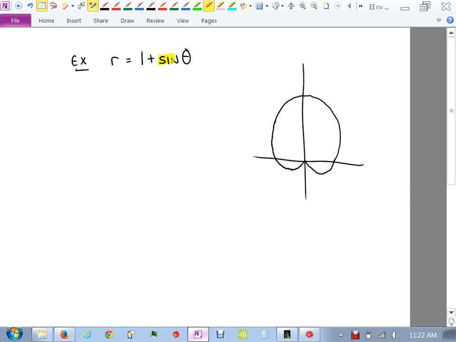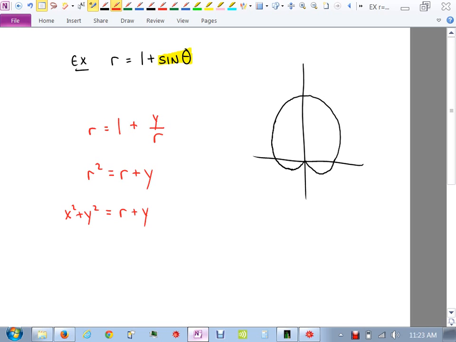I would try to replace my sine theta again by what? y over r? And then if I tried to multiply both sides by r again, I would get r squared on the left, but then here I would get r plus y. r squared is x squared plus y squared, equals r plus y. But see, the r is still there. So now I try to get that r out of there using something else.